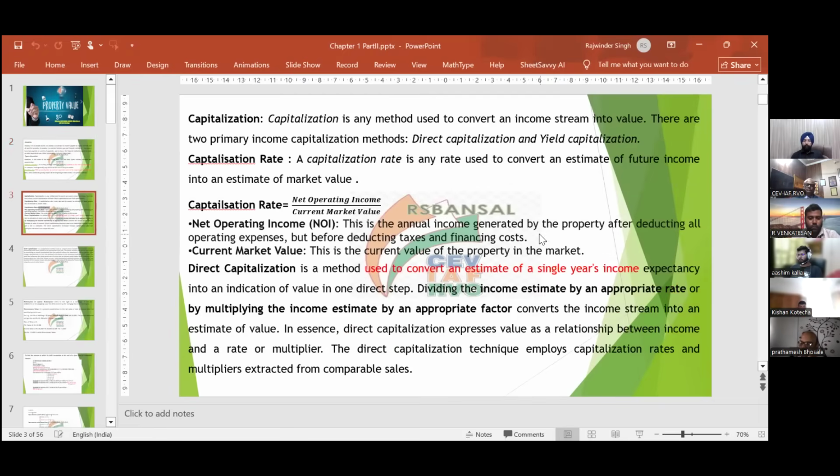Next thing is capitalization. So what is capitalization?